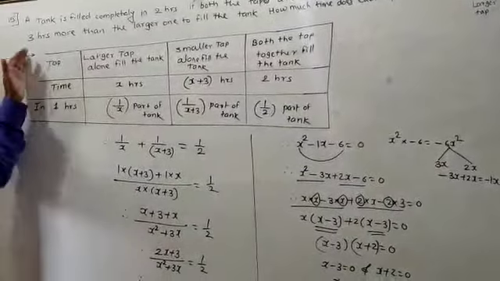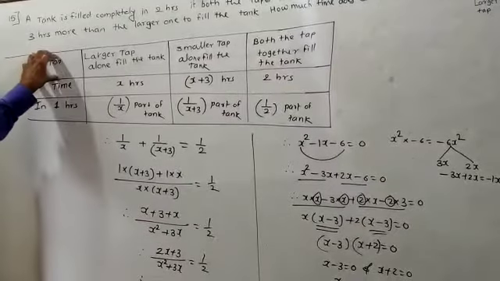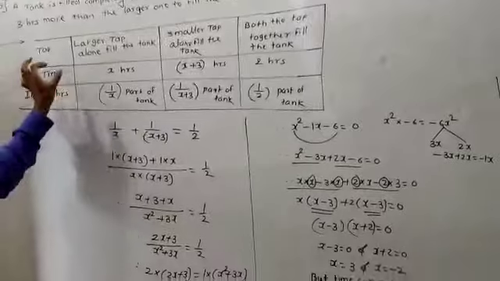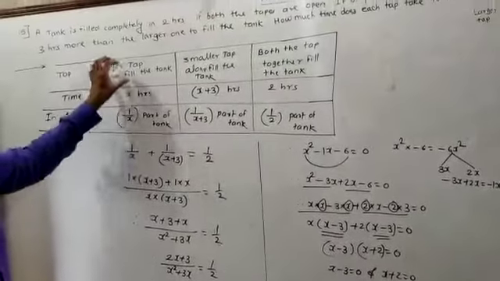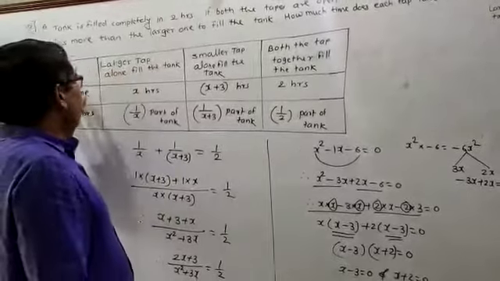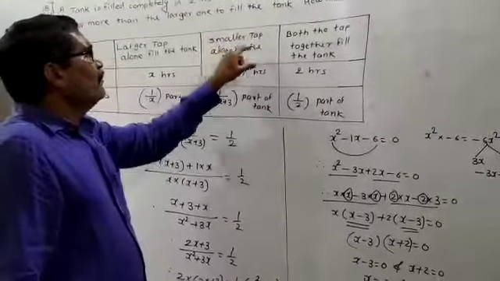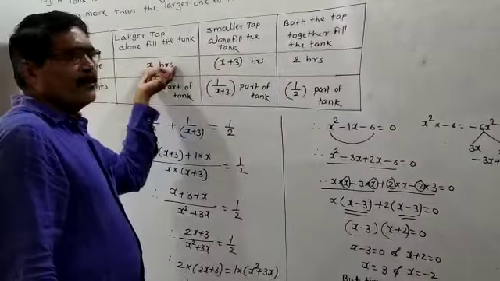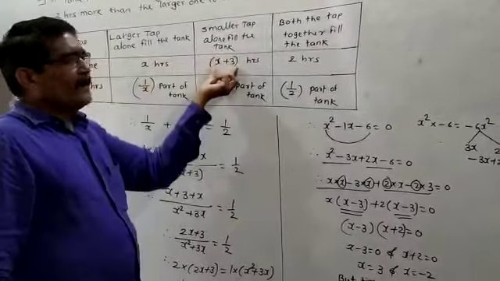So here I prepared the chart. This is the tap. The time required for the larger tap alone to fill the tank is X hours. The time required for the smaller tap alone to fill the tank is X plus 3. Whatever be the time required for the larger tap, the smaller tap requires 3 hours more.